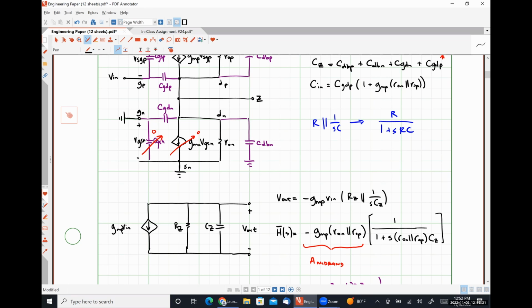So we are making CY larger, and not just by a factor of CGDP, but this is getting multiplied or scaled by what should be a fairly appreciable amount if our gain stage has a high gain, which is literally what it's designed to do.